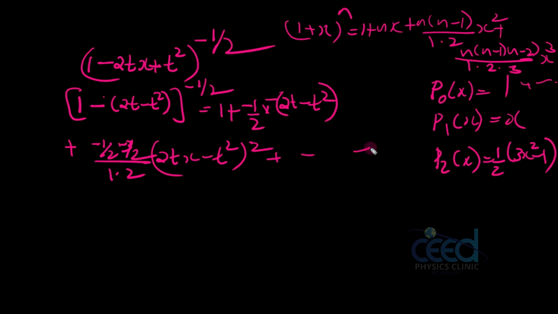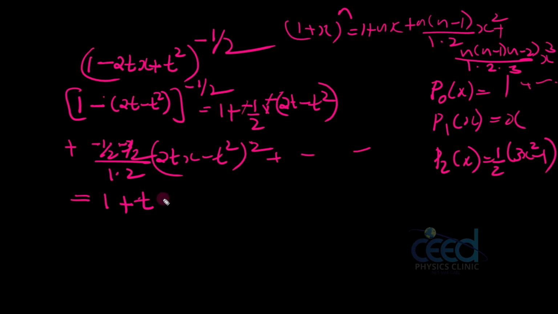Now I am expanding this. Here the minus minus cancel, and the 2 cancels, so I have a t here, and all the time it is plus. So I have 1 plus t.